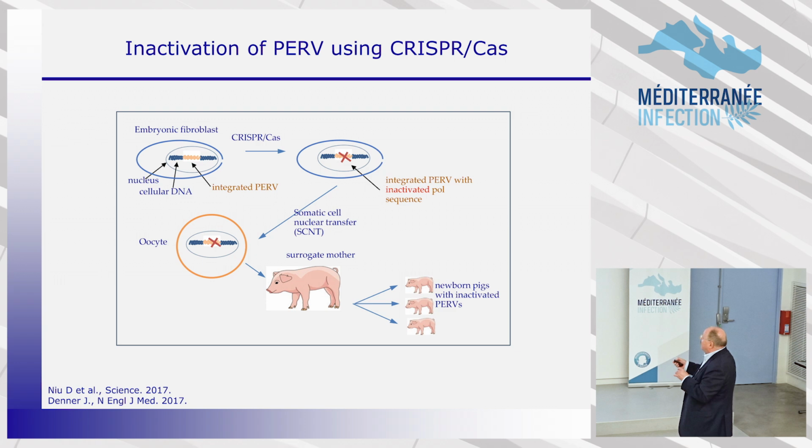And then by somatic cell transfer, they put it in an oocyte, in a surrogate mother, and they have newborn pigs with inactivated PERV.